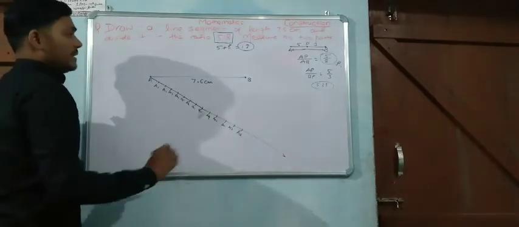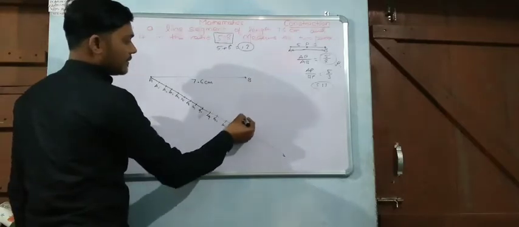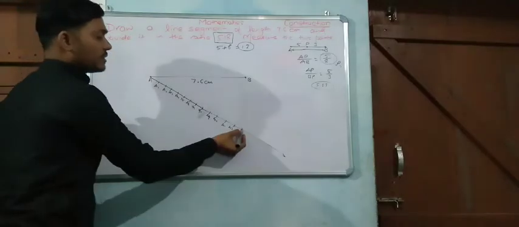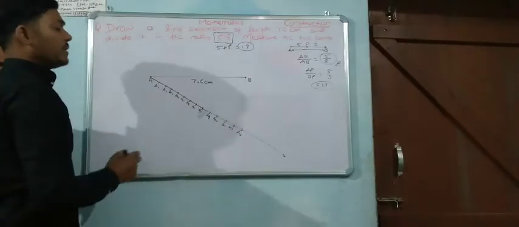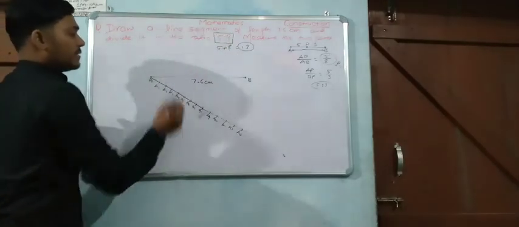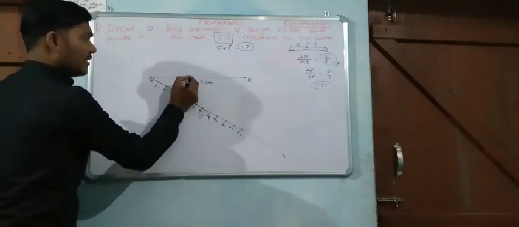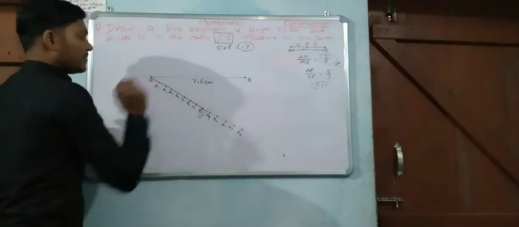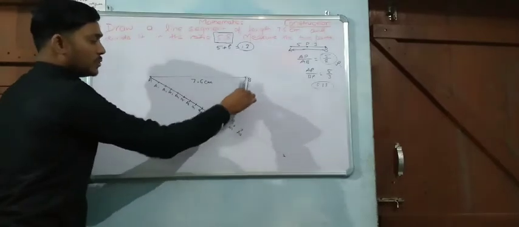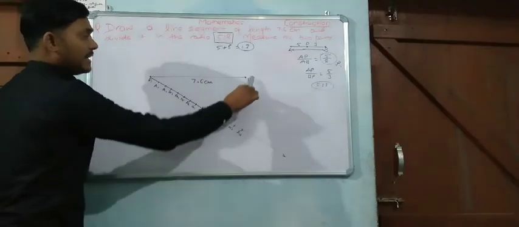Then next step, join B to A13. This is our third step. Now, 5:8, from A5 draw a line segment parallel to A13B.